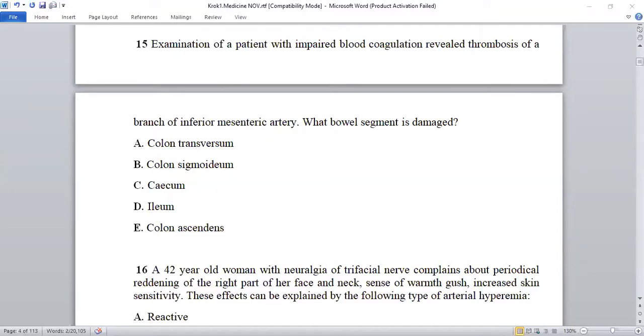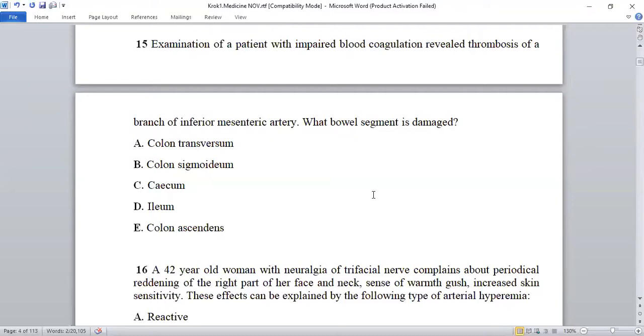Very well. Which includes the sigmoid, the descending colon, and then the rectum. Yes. But the celiac branch also supplies the gallbladder, the liver, the pancreas, and the other accessories.